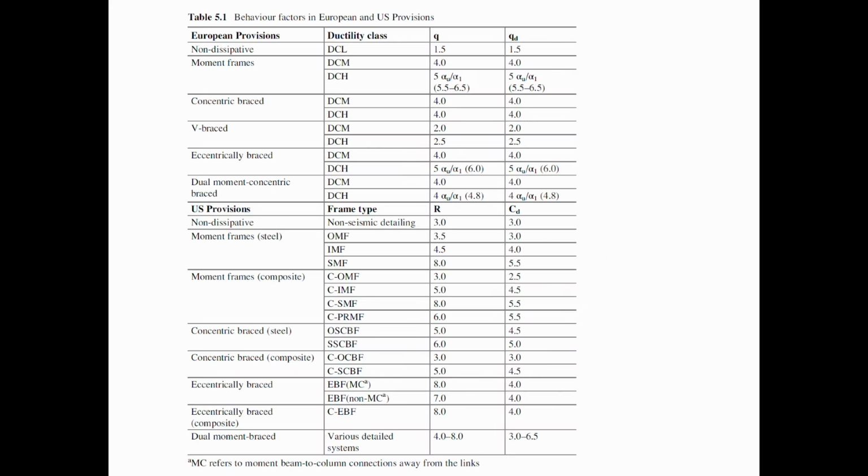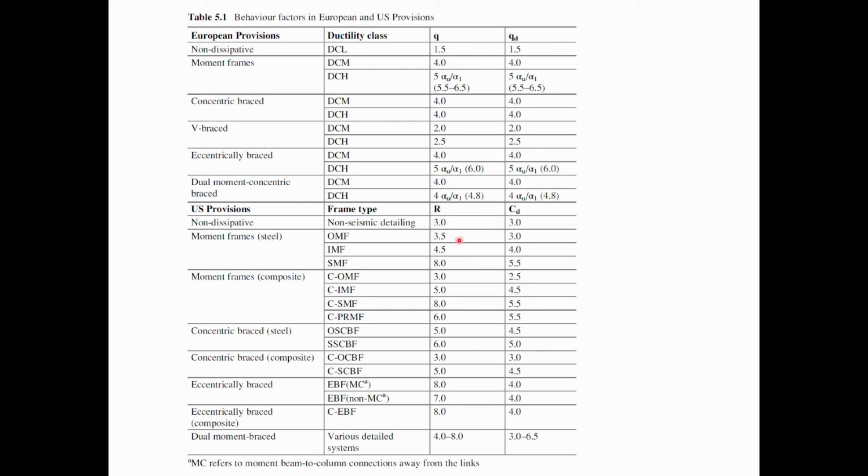Table 5.1 synopsizes very nicely the behavior factors in European as well as the US provisions. So you can see here the q factor for the top half of the table and the R factor, which is the same thing as I have explained in slide 2 of the first session.